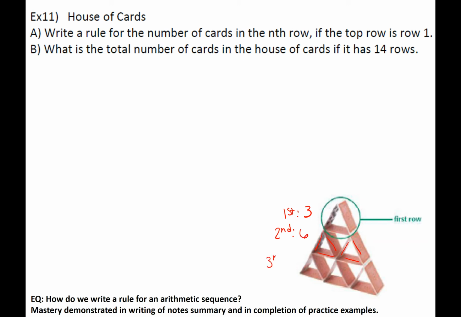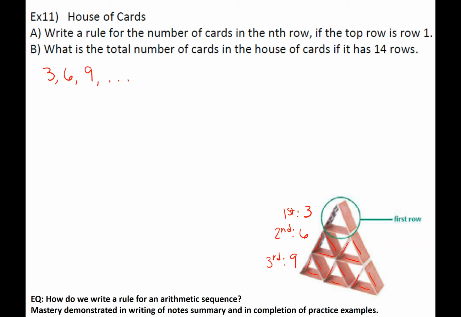Then in the third row, we would have 1, 2, 3, 4, 5, 6, 7, 8, 9. We have 9. I hope that we can see that okay. So that means if I'm building my sequence, I would be starting with 3, 6, 9, and continuing.